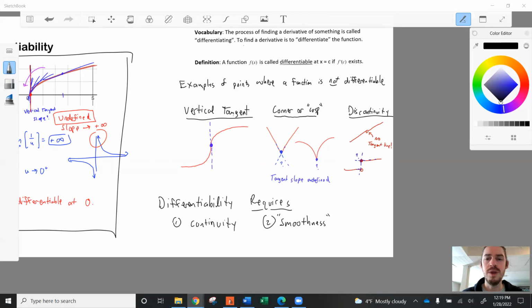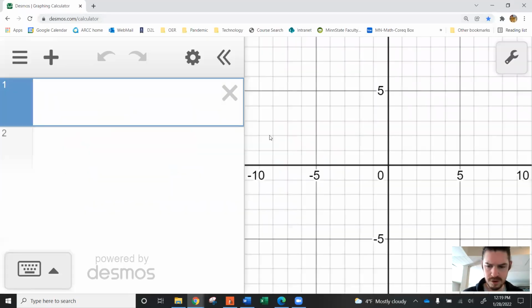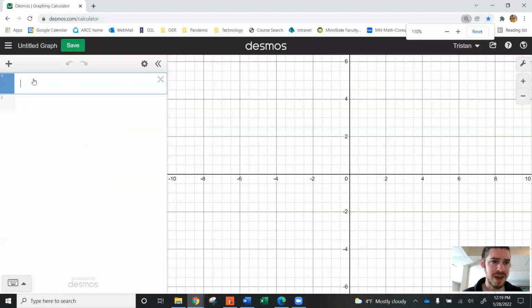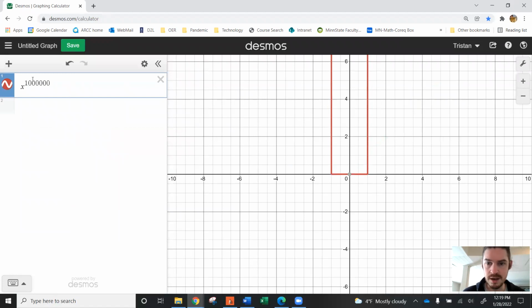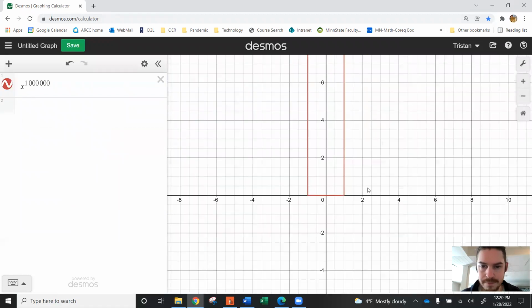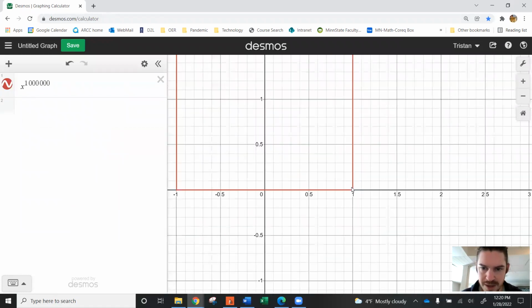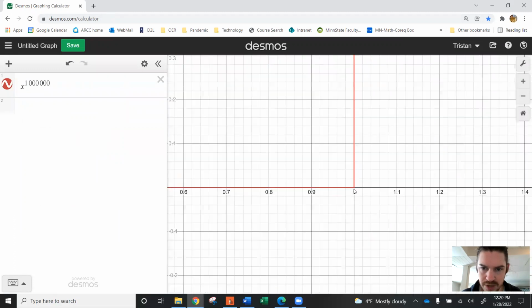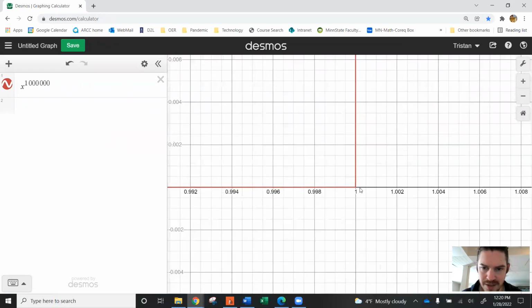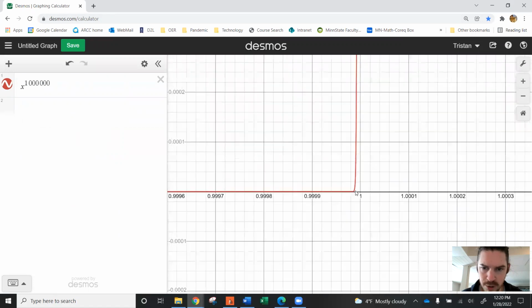Let me pull this Desmos window open. It's a little bit too big right now. But if I do something like x to the power of a bajillion, right? This looks square, doesn't it? But if you zoom in far enough, hopefully I haven't made the power too big. Yeah, perfect. Look at this.